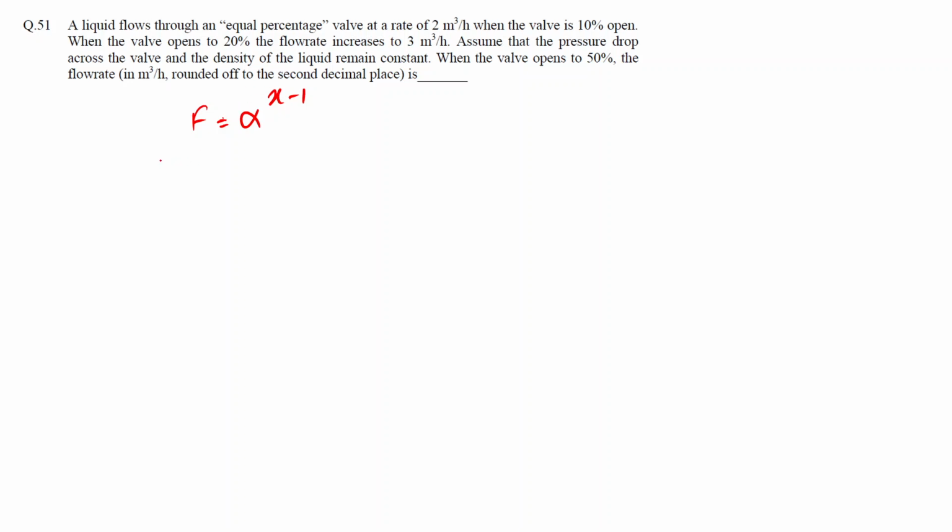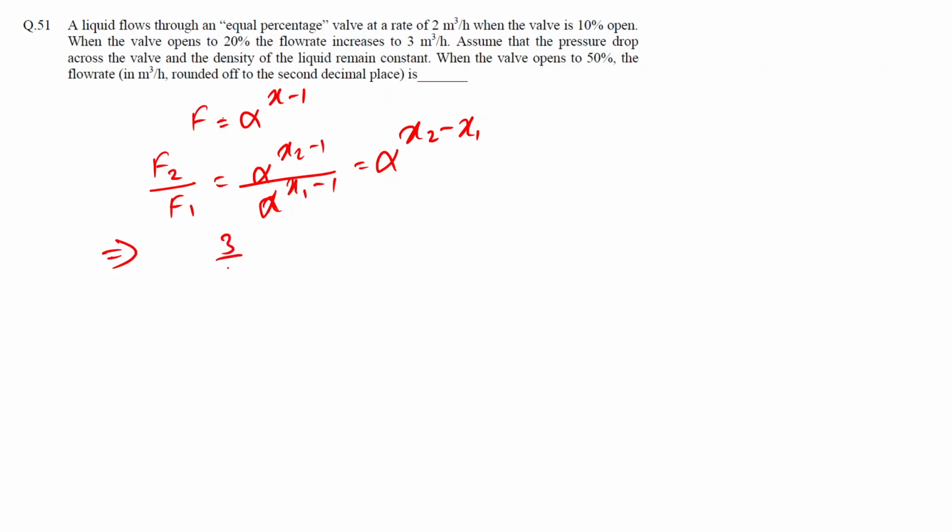So we can write this as, let's say for scenario 2 and 1, f2 upon f1 is equal to alpha raised to x2 minus 1 upon alpha raised to x1 minus 1. So this will become alpha raised to x2 minus x1. So f2 we have been given as 3 and f1 is 2. So it will become 3 upon 2 is equal to alpha raised to x2 is 0.2 minus x1 is 0.1, equal to alpha raised to 0.1.